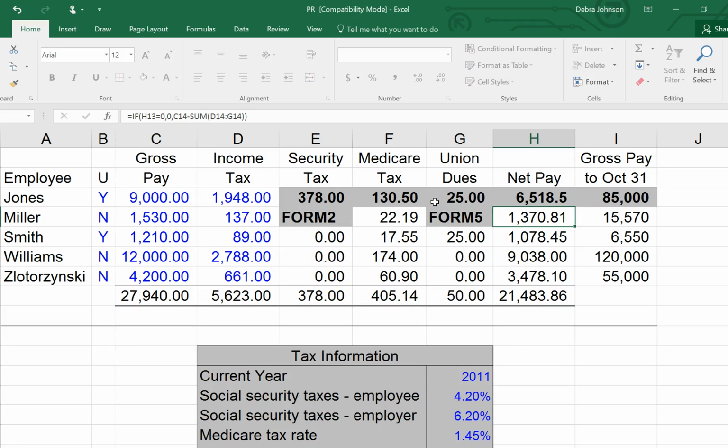You can check your answer against the book, but I believe that is the correct amount for the net pay. You can finish the problem off by completing the rest of the formulas. Once again, all of them are explained in the handout.